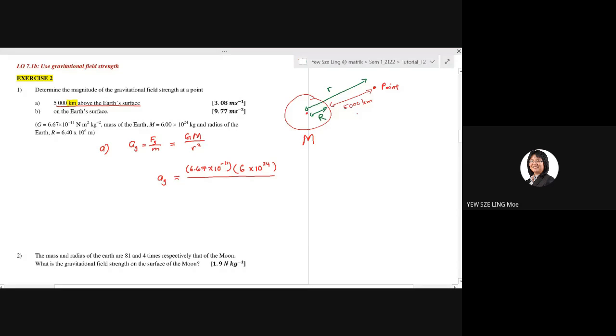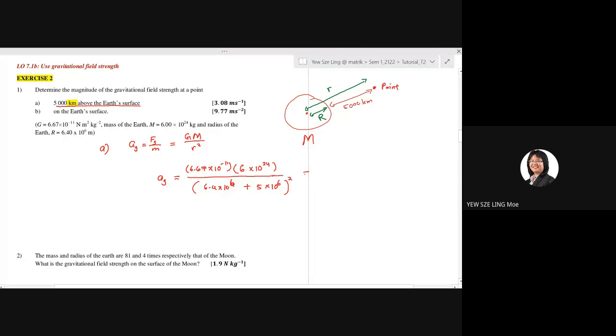So R, you need to understand how to get the correct R. This is very similar to one of the past questions, and quite a lot of students got it wrong because they forgot to add the radius of the Earth. Make sure you add it. So it's 6.4 times 10 to the power of 6 plus 5 times 10 to the power of 6, because it is 5,000 km, all squared.